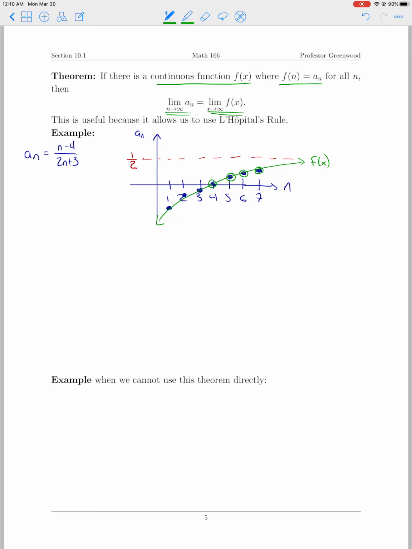The further you go to the right, the dots and the green line both have to go to the same place. And so that's all the theorem is saying overall, but in practice, all that means is that for this problem, I just have to replace all the n's with x's.